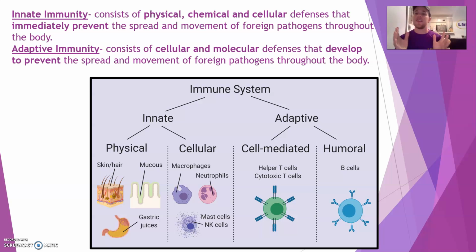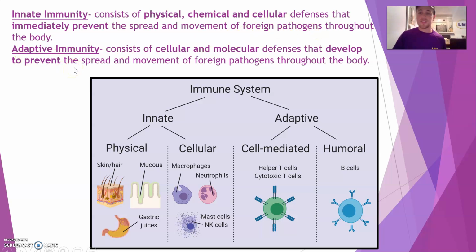We talked about the innate immunity last video, how it consists of physical and cellular defenses, and we're going to finish up that little chemical branch today. We talked about how it's already there in your body, and so you immediately start to prevent the movement and spread of foreign pathogens throughout the body.